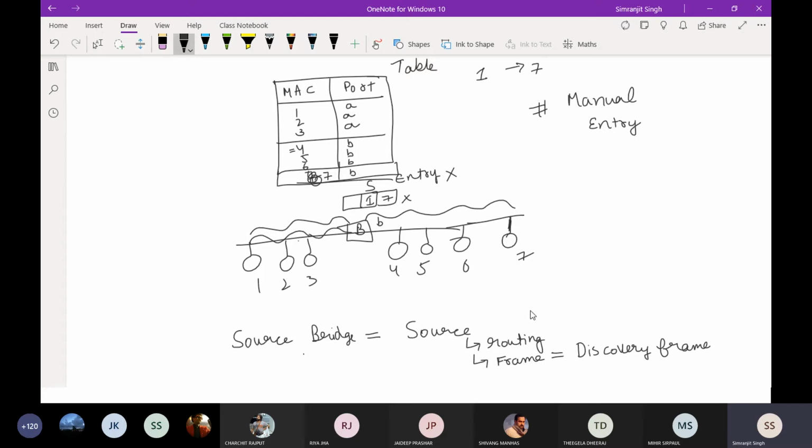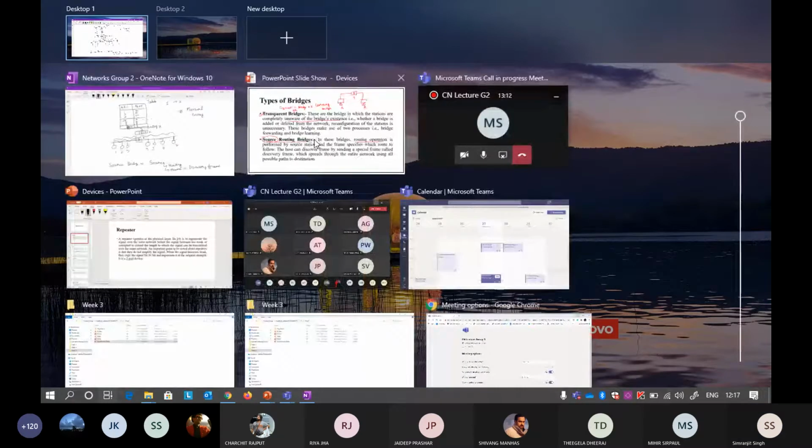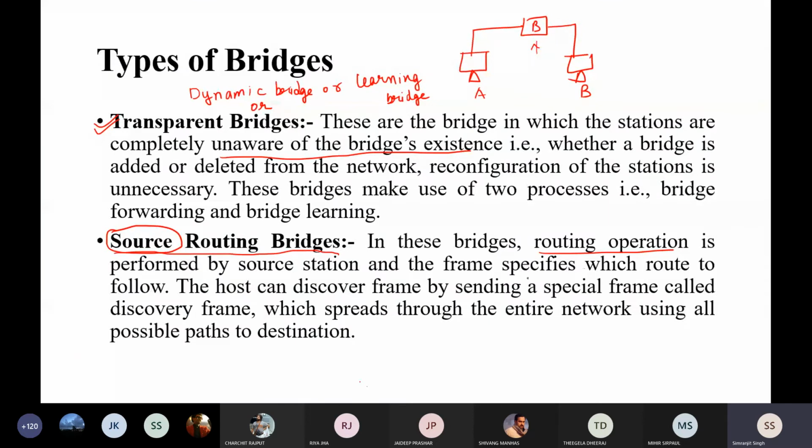So see, the host can discover the route by sending a special frame called a discovery frame.